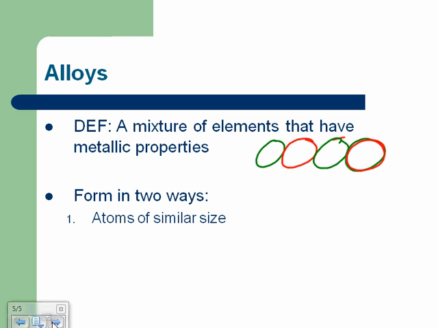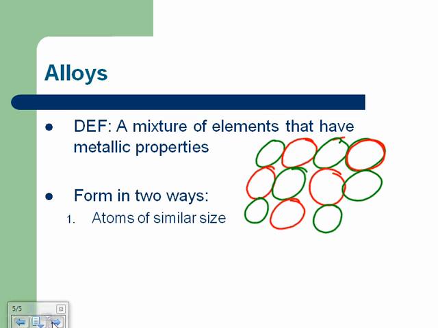Should be a red one there, another red one here, green one here, green one there, and so forth. So then they're going to be similar size. They can pack really well together. So that's where they are of similar size.